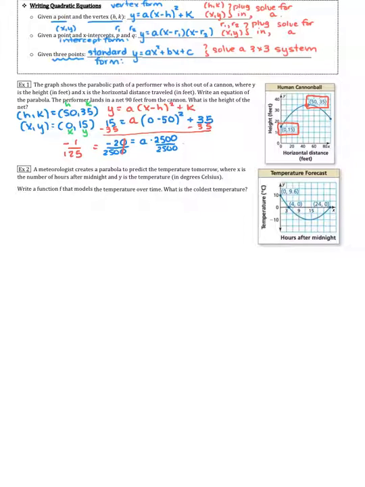So we can put it all together, and that's going to read y equals negative 1 over 125, and now we leave x in, (x minus 50) squared plus 35. So that represents the relationship wherever that person is being shot out of the cannon. Okay, so then it asked us, the performer lands in a net 90 feet from the cannon. So that's an x value.